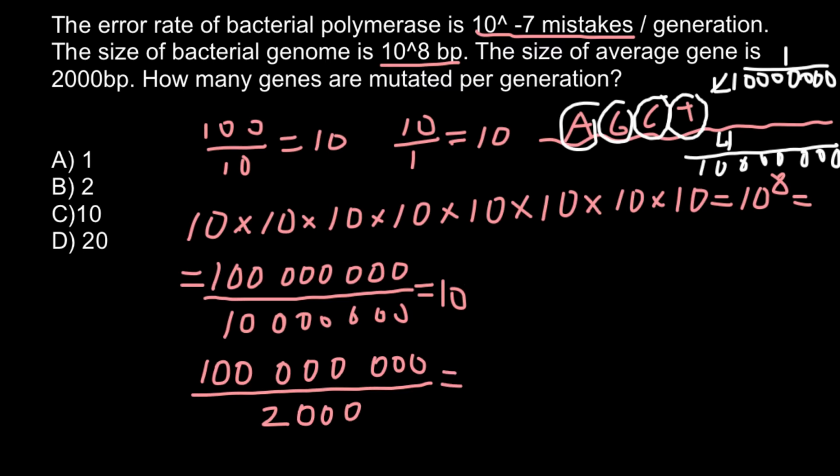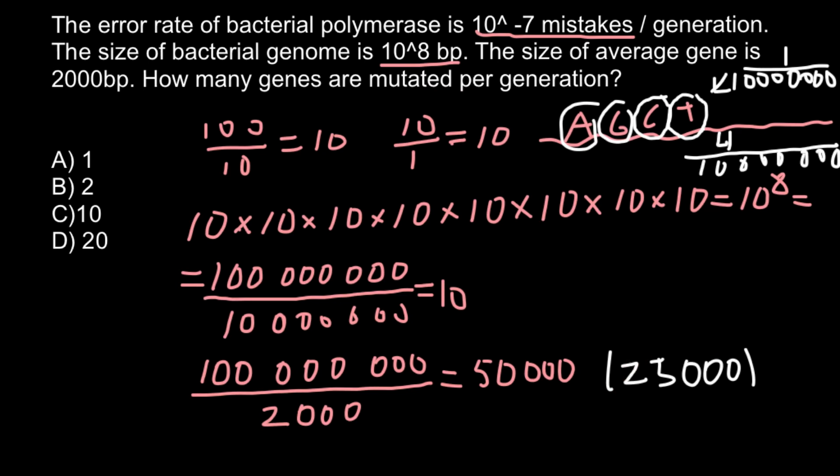We are going to get the number of genes that this genome contains, and the answer would be 50,000 genes. And this is a completely unrealistic number, because the human genome, for example, is about 23,000 genes, and according to this problem, the bacterial genome contains double the number of genes in comparison with the human genome.